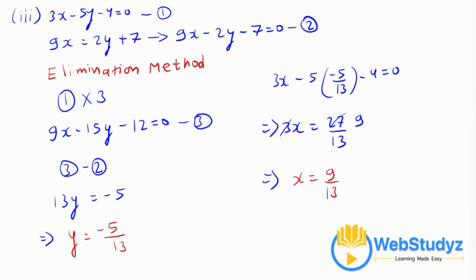Now again, it's time for the substitution method. So we have the equations as 3x minus 5y minus 4 equals 0.